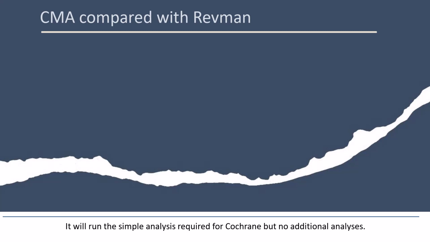It will run the simple analyses required for Cochrane, but no additional analyses. It will generate the standard forest plot, but that plot has little flexibility. For this reason, many people who use RevMan to publish in the Cochrane Library then export their data to CMA to perform additional analyses, create additional plots, and publish in other journals.